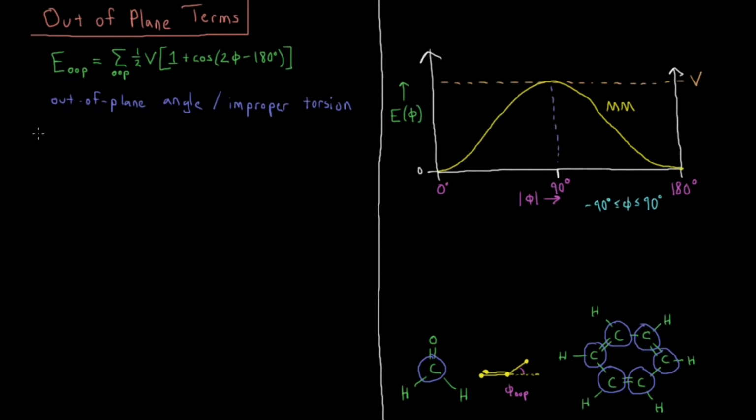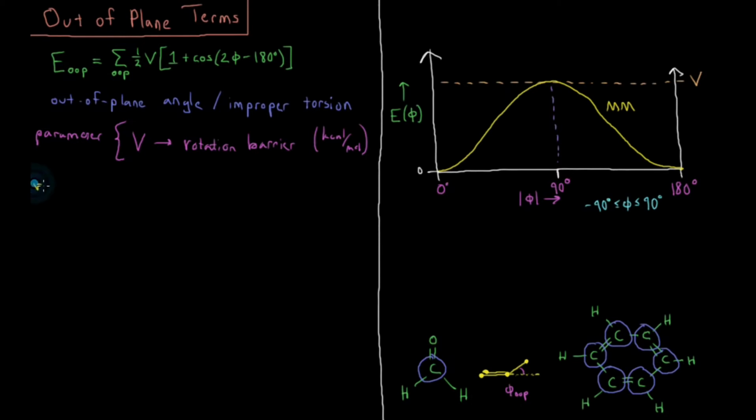So we have our parameters, and in this case that is just V, which is just the rotation barrier or the out-of-plane barrier, which is going to have the same units as whatever your energy has, typically kilocalories per mole, maybe kilojoules per mole, maybe Hartrees, but most commonly you'll see kilocalories per mole.